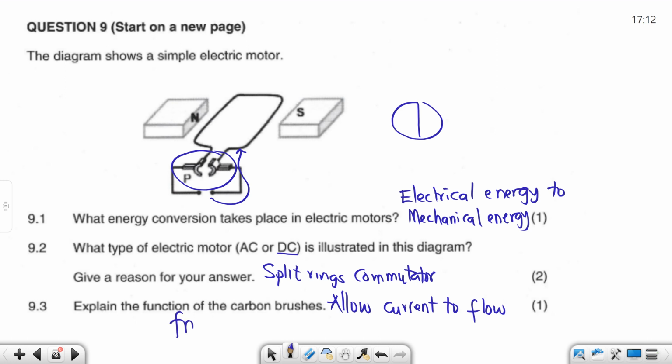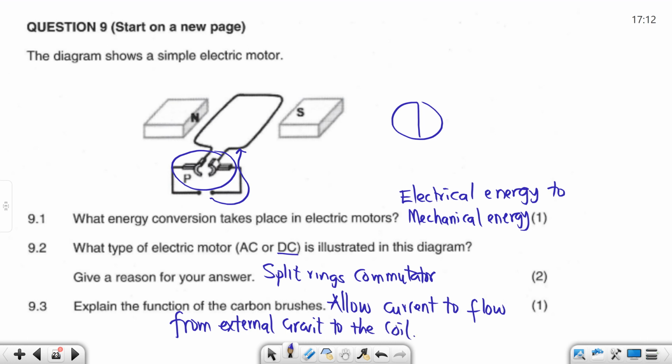Allows current to flow from the external circuit to the coil. Leslie, I want you to sort out your electrodynamics.